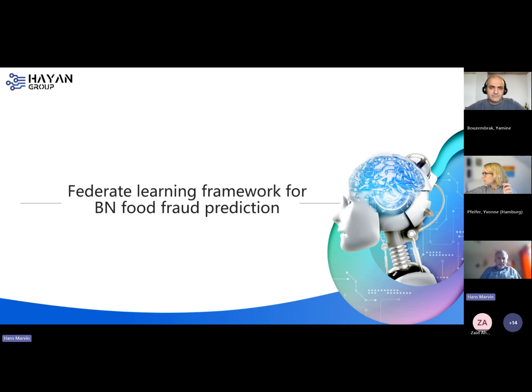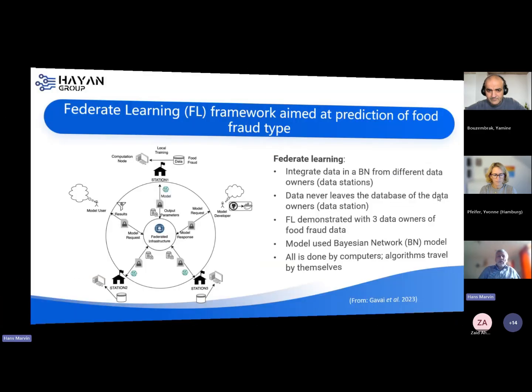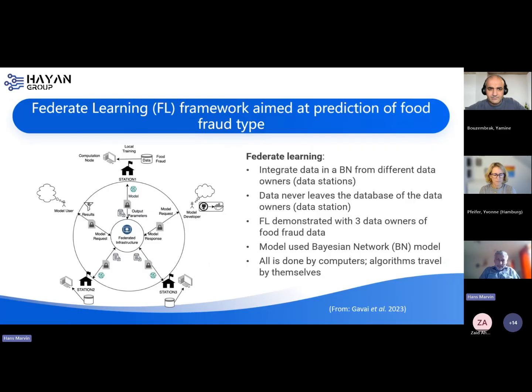But of course, a lot of other food safety data, or in this case food fraud data, is also collected by companies and other actors in the food supply chain, which is not available, in fact, difficult to share. And now federated learning can help you in such a situation. We only demonstrated it for predicting food fraud type, but of course any other topic, like the one I just showed you on fruits and vegetables, is also possible.